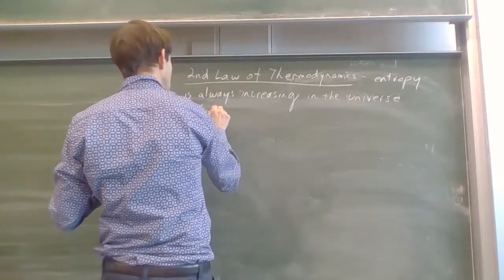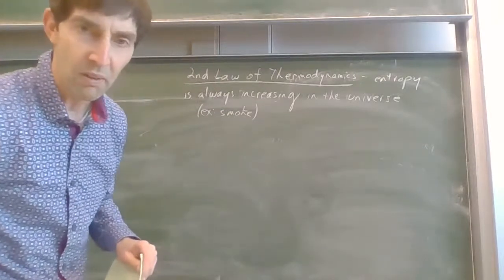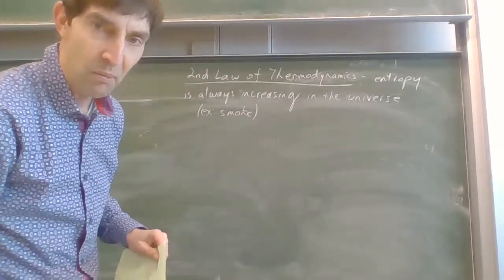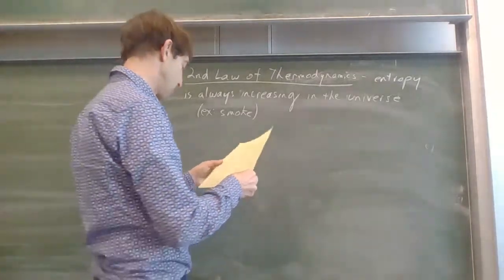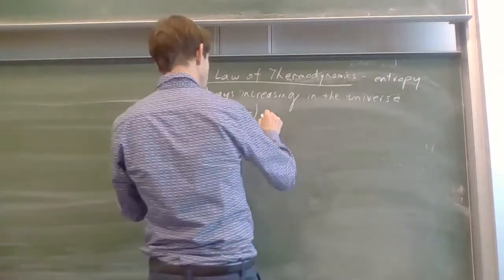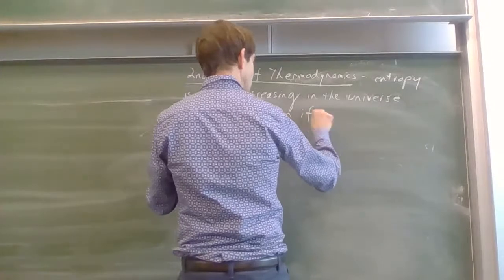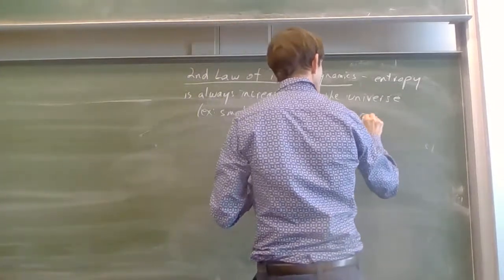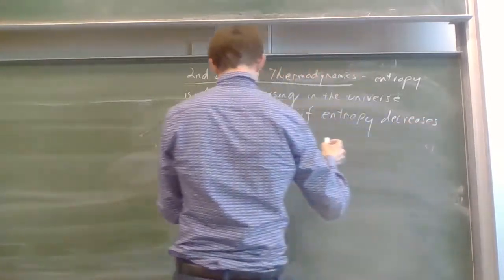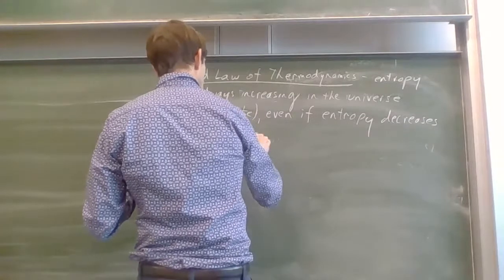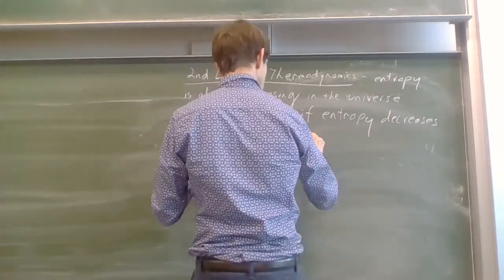Example, smoke. Think of smoke. It's just dissipating, and the more it dissipates, the more disorder. If I make smoke, it's got a lot of disorder. So it's increasing even if entropy decreases within a reaction, which is known as the system.